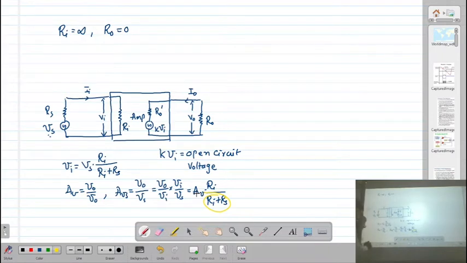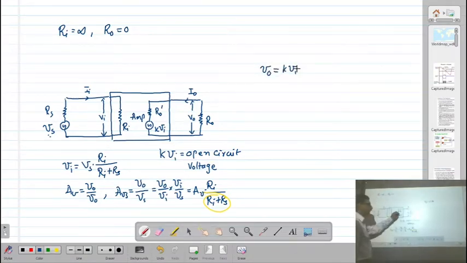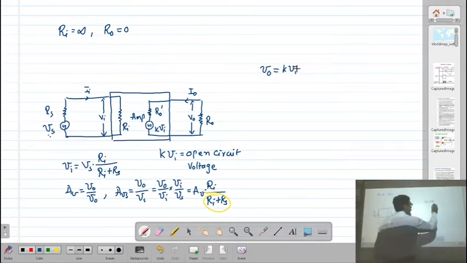Then we discussed the output resistance. Here the output voltage is given as K into Vi, that is my open circuit voltage, into RO divided by RO plus RO dash. From that we can write the gain of the amplifier.